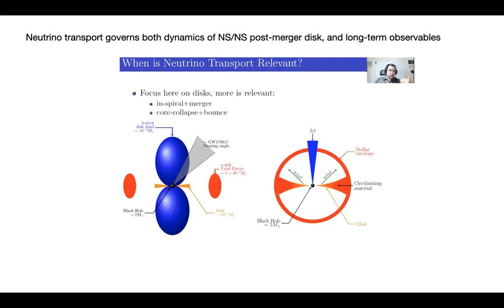All of these different cases have different levels of emission, absorption, and optical depth. So neutrino transport is both important and highly non-trivial.